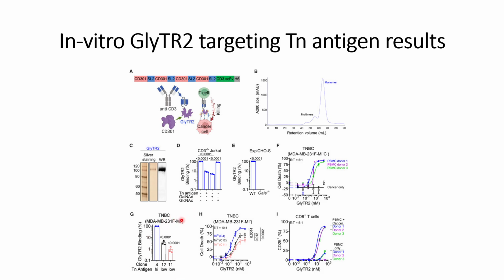Similarly, if the binding is reduced, the cell death is also reduced in the same order. So this also indicates that the specificity of GlyTR2 is towards the TN antigen expressed on these tumor cells.